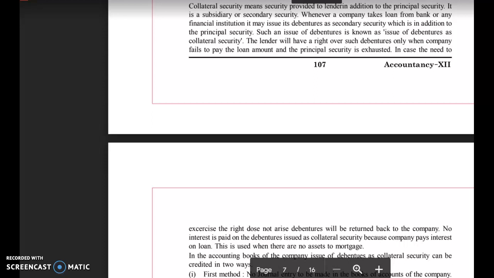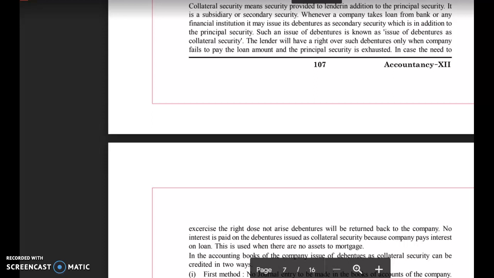So please understand the meaning of collateral security. Collateral security means additional or supplementary or secondary security which is given by a company to the banks or financial institutions from whom it has taken the loan, and debentures are issued to them. This is called the issue of debentures as collateral security.